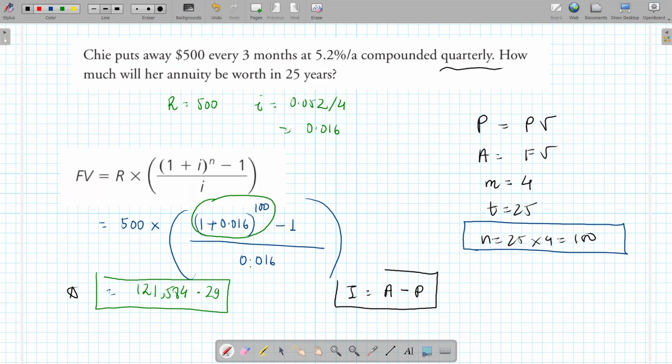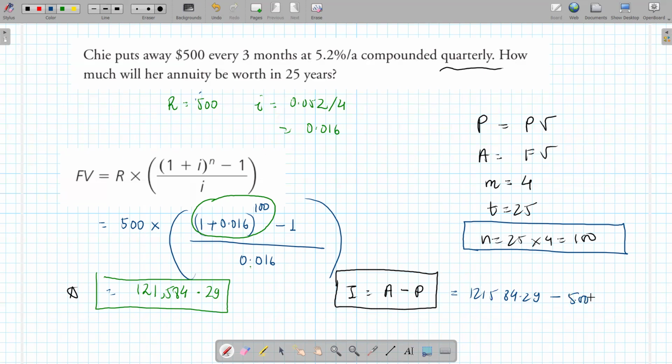This is always going to be the case. But for this annuity question, we're not going to be subtracting 121,000 minus 500.